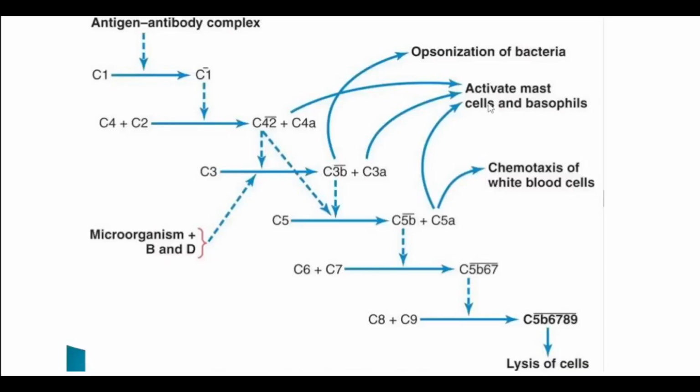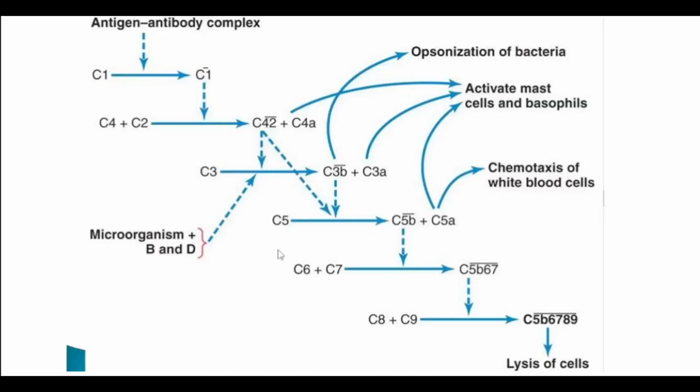They help in activation of mast cells and basophils. C3b helps in opsonization of bacteria, that is, coating the bacteria so that it is easy for the macrophages to phagocytose them. Then C5a helps in chemotaxis of white blood cells. Chemotaxis is the process by which the white blood cells are attracted towards the pathogen.